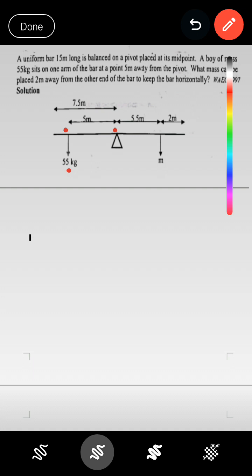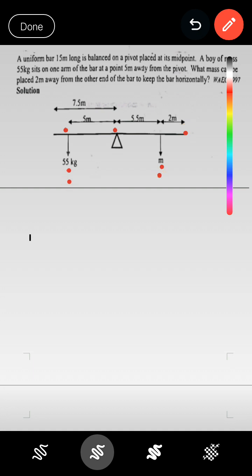So what mass can be placed 2 meters away from the other end of the bar to keep it at equilibrium? So we want to calculate the mass M that will be placed 2 meters from the other end. This is the end where the boy is sitting.